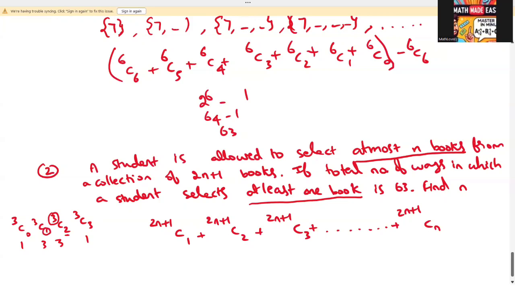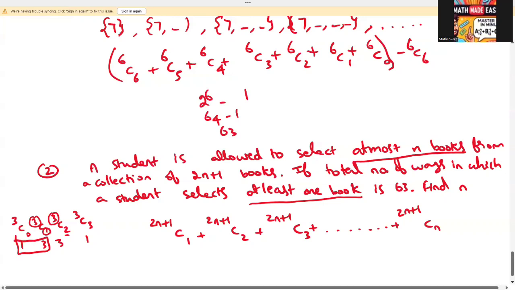This position, if you see, is 3 plus 1, 4, 4 by 2 minus 1. If I add the first half of the elements, I would get half of the total sum. Here 1 plus 3 plus 3 plus 1 adds up to 8, but 1 plus 3 alone adds up to 4, which is half of 8.